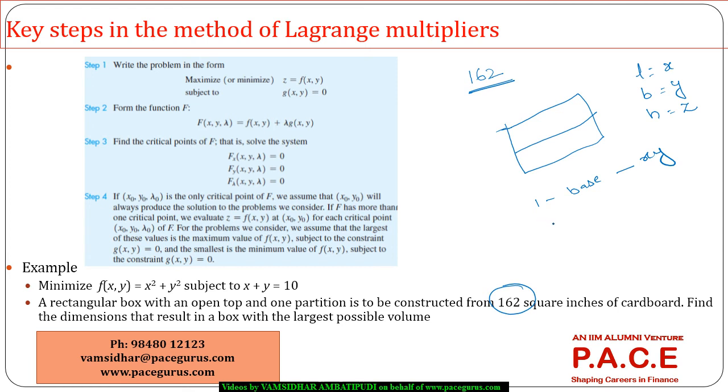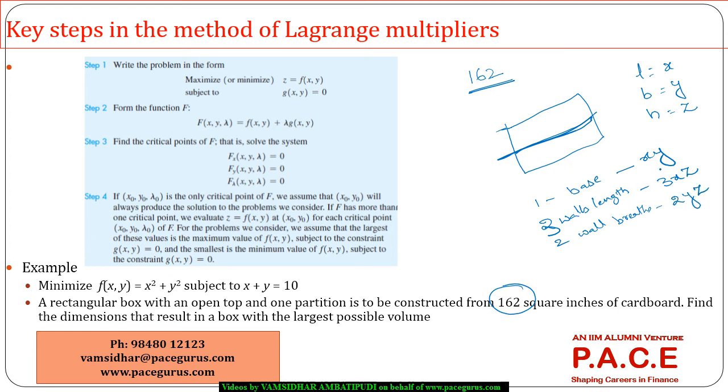I need two walls on the lengthwise, or probably three walls because there is one partition as well. So I require 3 times x times z. I require two walls on the breadth side, which is nothing but 2 times y times z.